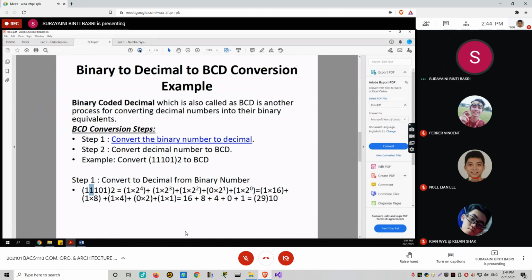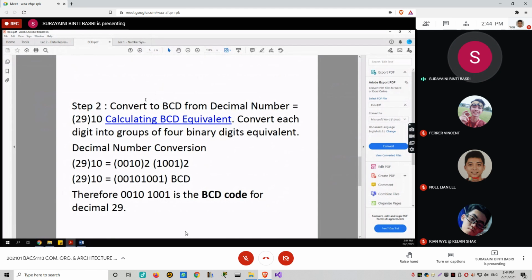After that, we will convert the decimal just now, the 29, to a BCD number. Okay, so we will need to convert each digit into a group of 4 binary digit equivalent.